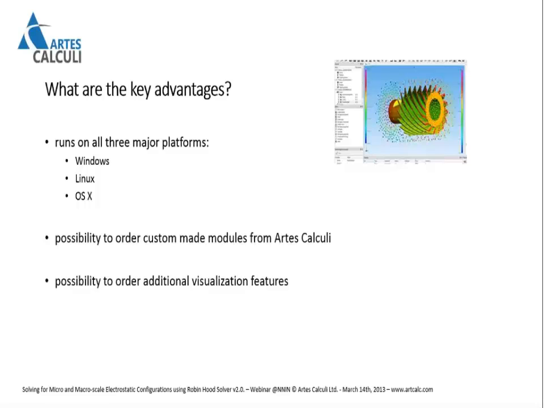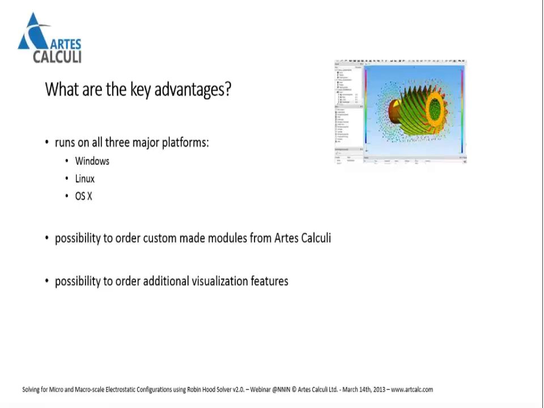It is also possible to order custom-made modules from us and custom-made additional visualization features. What does this mean? For example, if you do a certain type of calculation and you find Robin Hood Solver useful for it, but you would like to have a module customized to that specific calculation in order to make it faster and to execute it sometimes in a more convenient way, we can write and deliver that module to you.